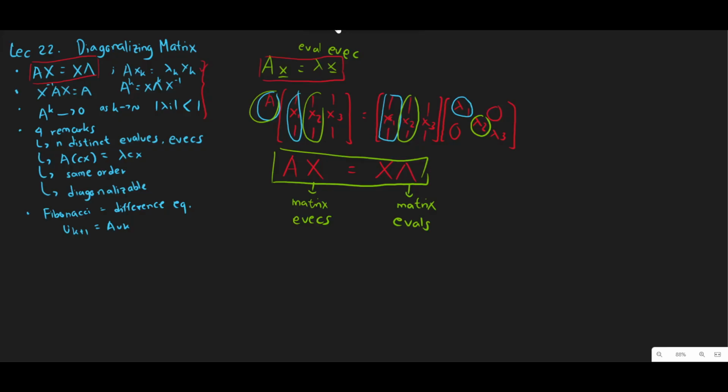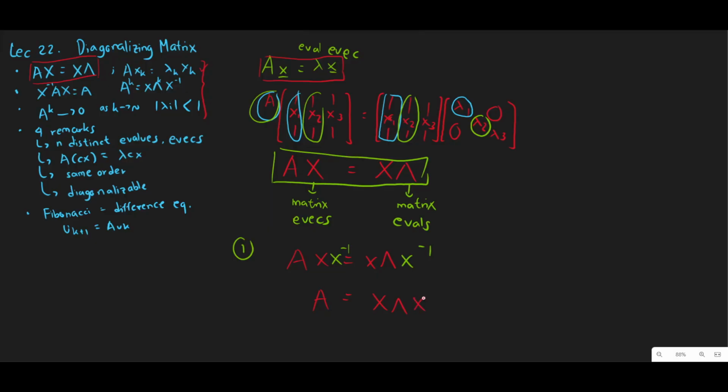Usually I didn't write it in terms of lambda, but let me show you quickly. You can have X inverse here, so you have X inverse and X as well, so you end up with A equal to X, this should be lambda, right? My bad.